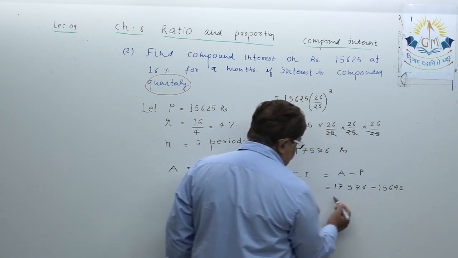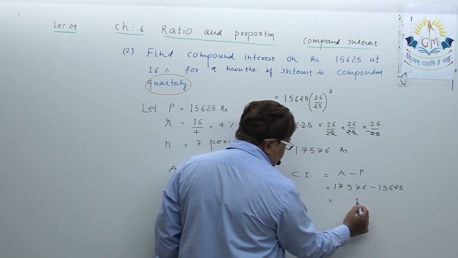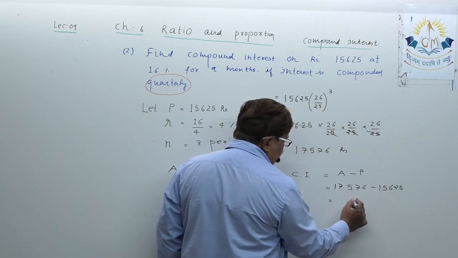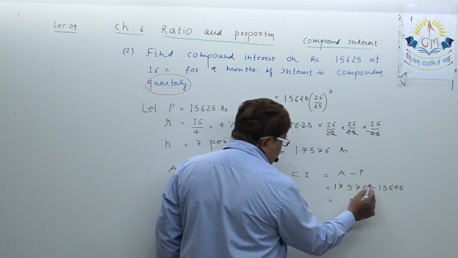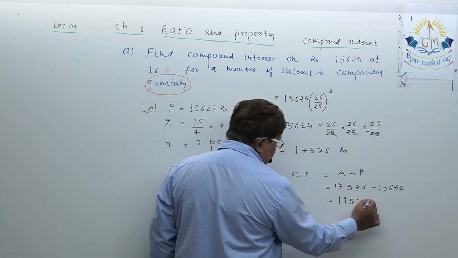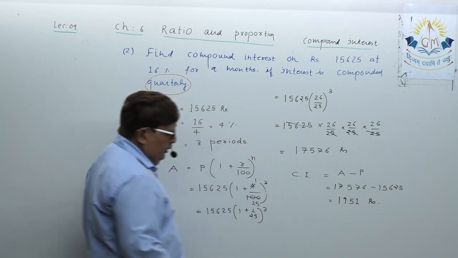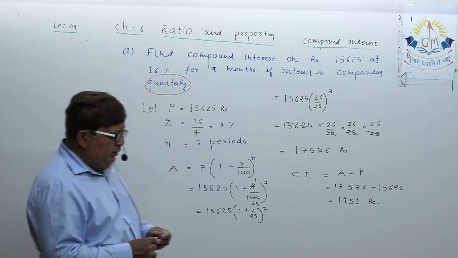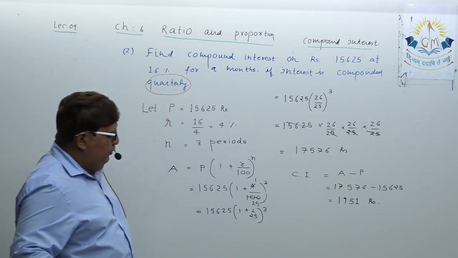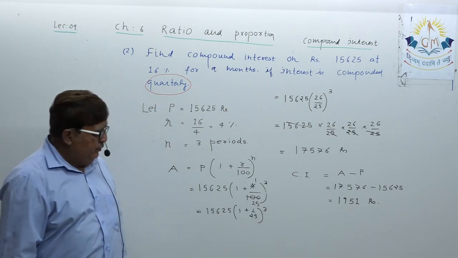Just the simple subtraction. 6 minus 5 it's 1, 7 minus 2 it's 5, 15 minus 6 9, 6 minus 5 1. Okay, so this is compound interest you got, 951. Okay, look at the sum, dear student.